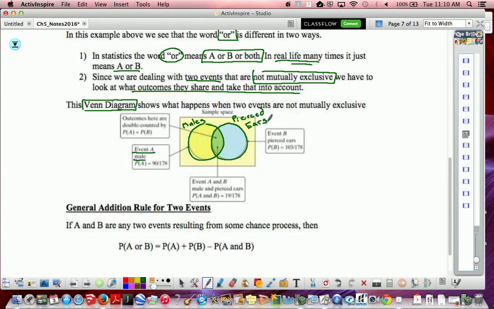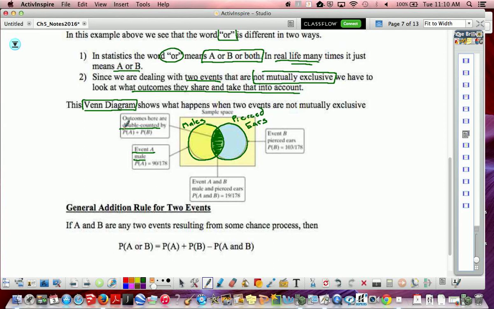When the circles intersect, if you were to just add all the males and the pierced ears, that overlap has been double counted. So we have to take that into account.